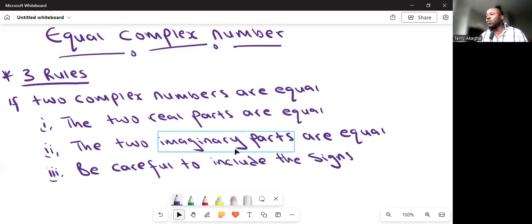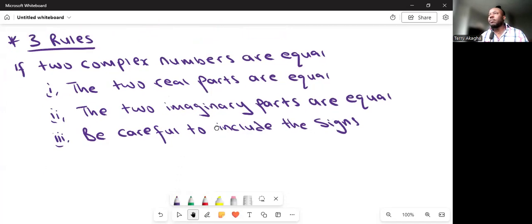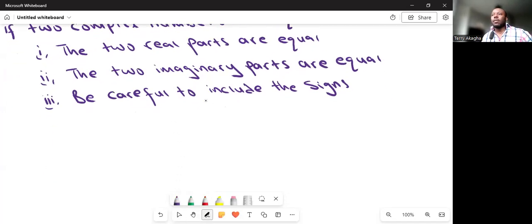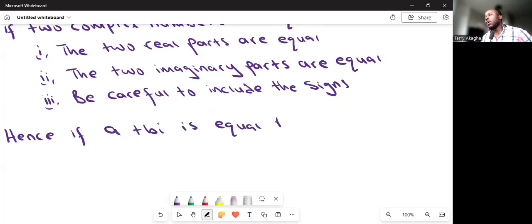So what I'm trying to say then is that hence, if we're told that two complex numbers are equal, let's say A plus Bi is equal to maybe C plus Di, I'm saying that A plus Bi is equal to C plus Di.